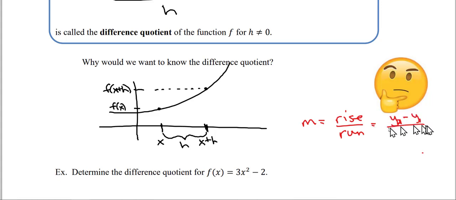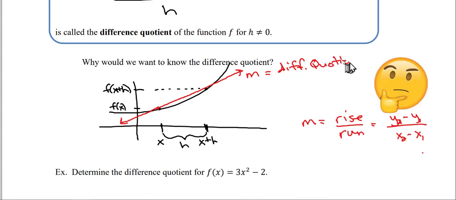You may have seen it as y2 minus y1 over x2 minus x1. If you connect a straight line from here to here, the slope of that line is equal to the difference quotient.